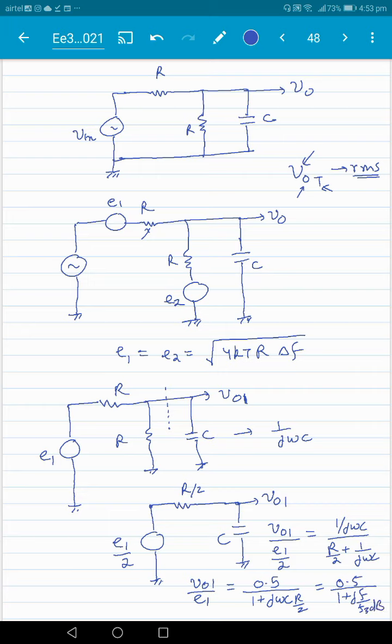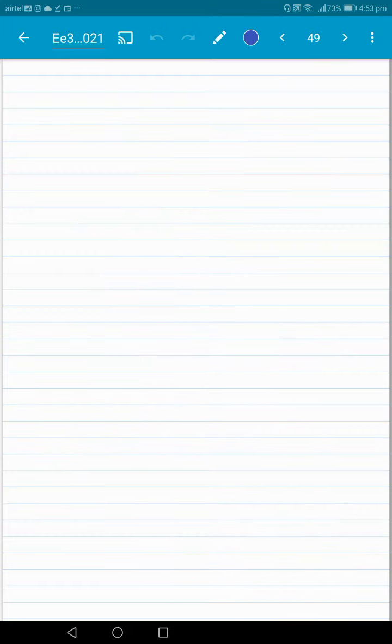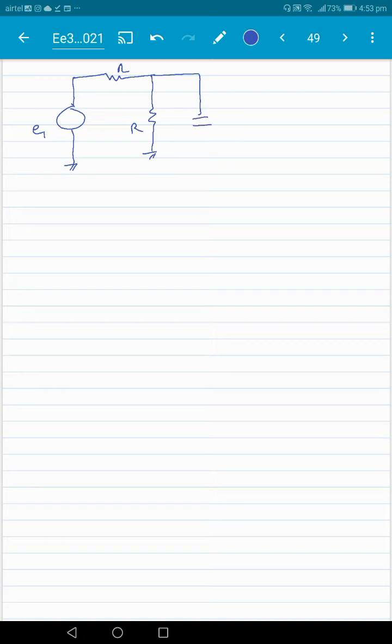Right, so let's draw the circuit again here. What we are looking at is basically E1 here, and there was an R here, there's an R here, and there's a capacitor here, C, and we were calculating V01, and we calculated V01 by E1 equal to 0.5 by 1 plus j f by f3 dB.